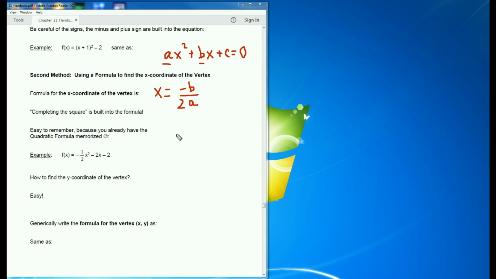All right. And it's kind of like, oh, no, not another formula to remember. But if you recall your quadratic formula, let me just write it off to the side here. x equals negative b plus or minus the square root of b squared minus 4ac all over 2a.